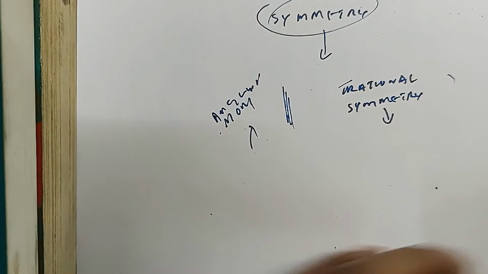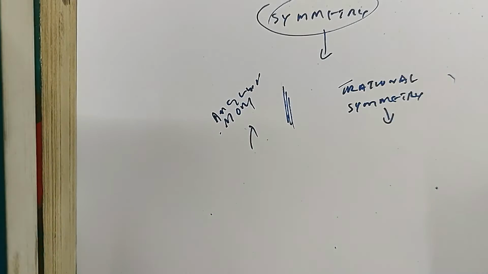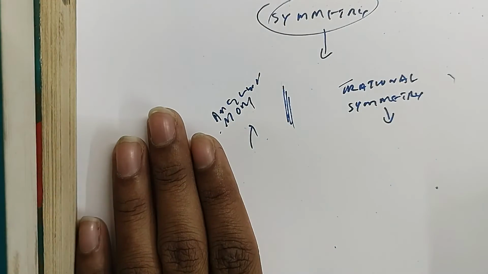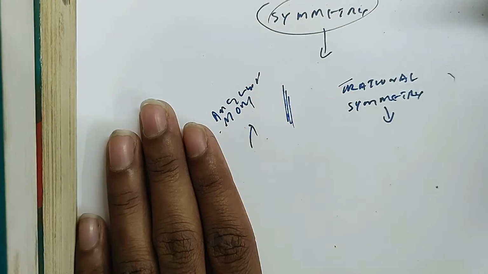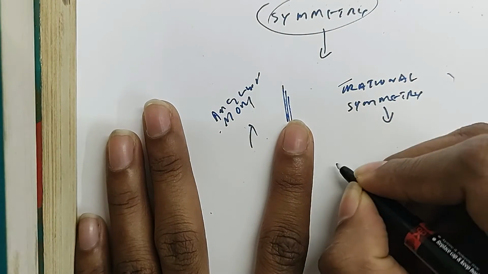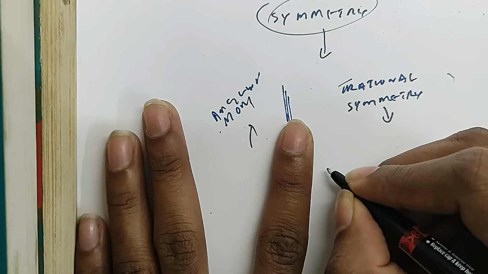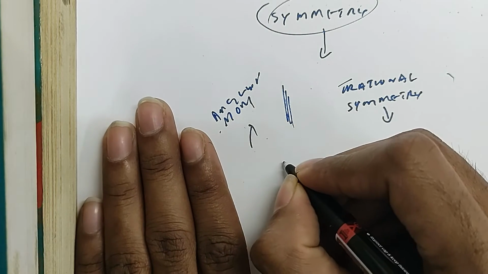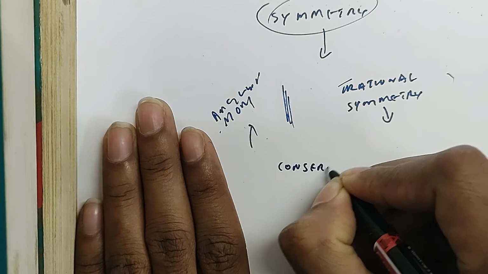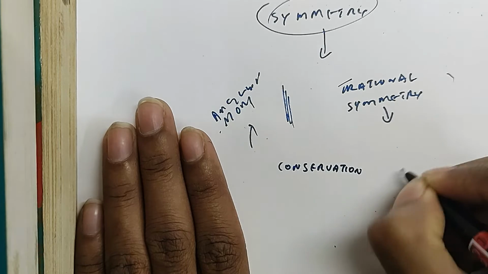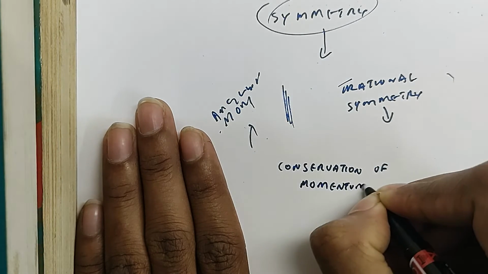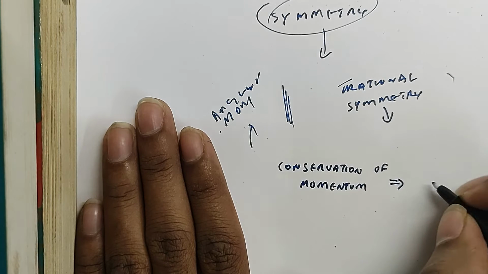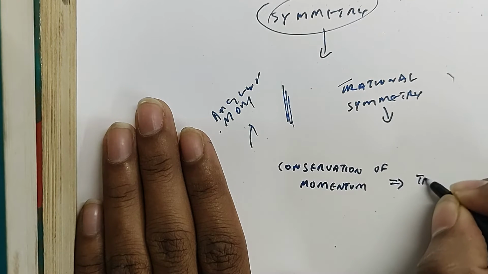What we have seen so far is how the linear momentum and the angular momentum of a system correspond to the translational symmetry and the rotational symmetry. Let me write it down. The conservation of momentum leads to translational symmetry.